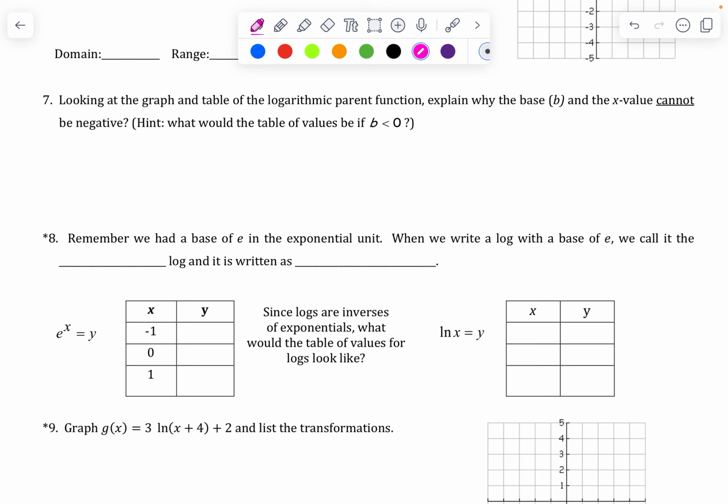So this one, this number 9, we can actually put this in Desmos. Let's see if I can get that back up. Come on. There we go. So I'm going to put 3 and then type in the natural log, which is ln.